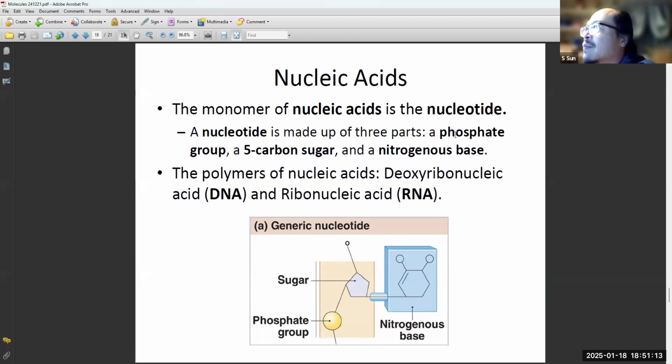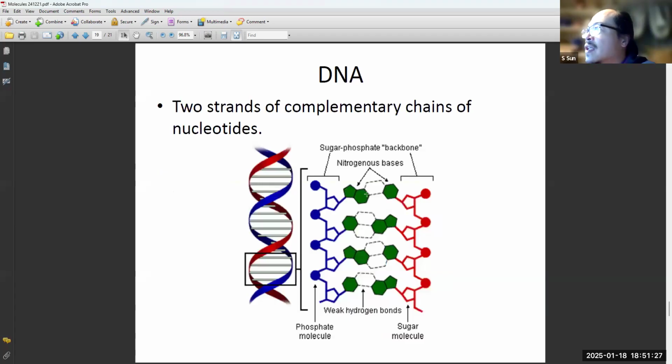So a nucleotide is formed by a phosphate group, a sugar, which is a 5-carbon sugar, and a nitrogenous base. Put together, this is one nucleotide, nucleotide, nucleotide, a string. That's one string, two strings, like that.